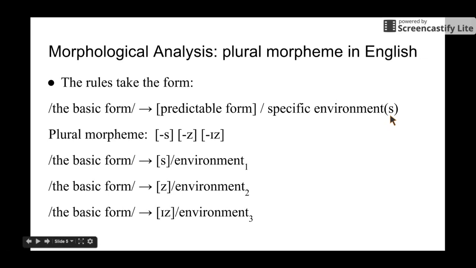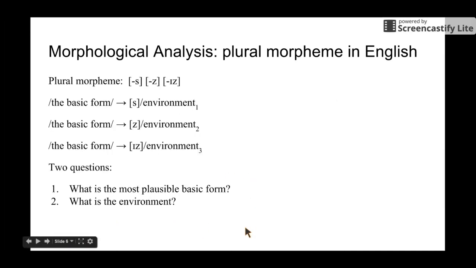For this morphological analysis, we are going to use a similar rule. We have a basic form that becomes some other form in some environment. So actually we have three forms to be derived. The basic form becomes s, the same basic form becomes z, and the same one becomes iz in different environments.